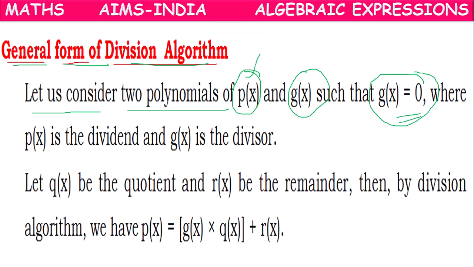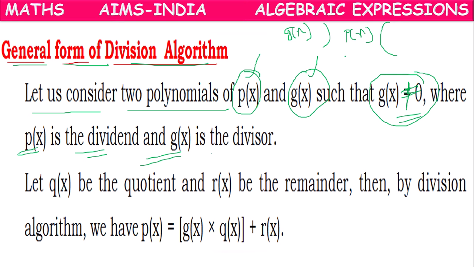P of x is the polynomial name children, and g of x is another polynomial, where g of x is not equal to 0. P of x is the dividend, the expression which is to be divided, and g of x is the divisor.